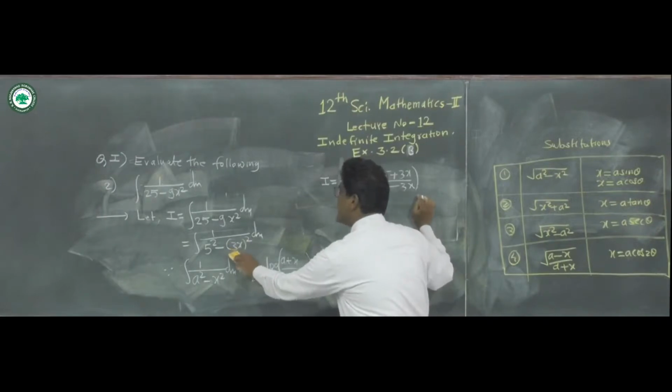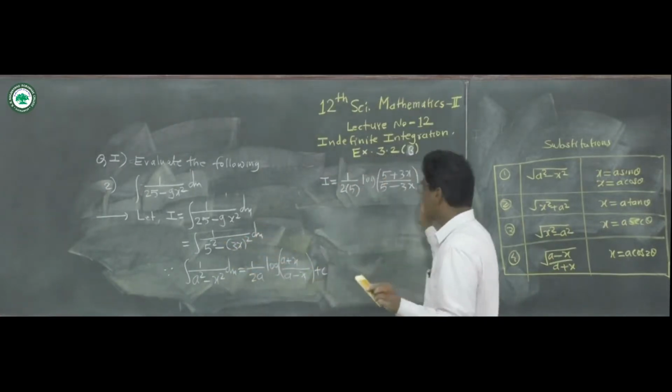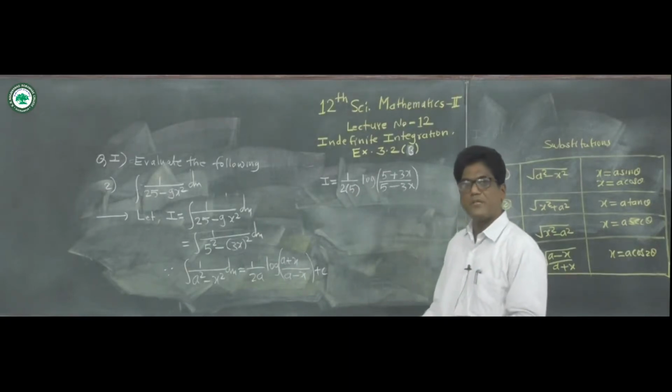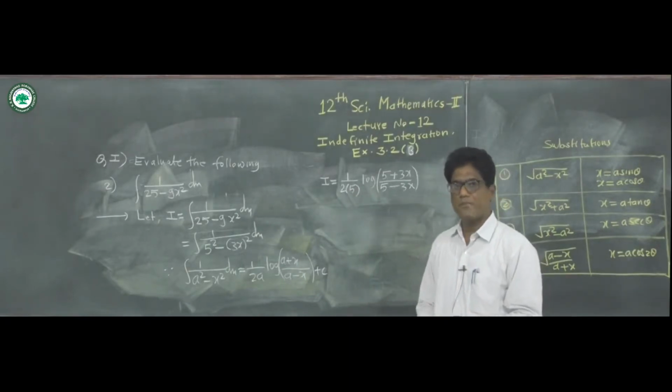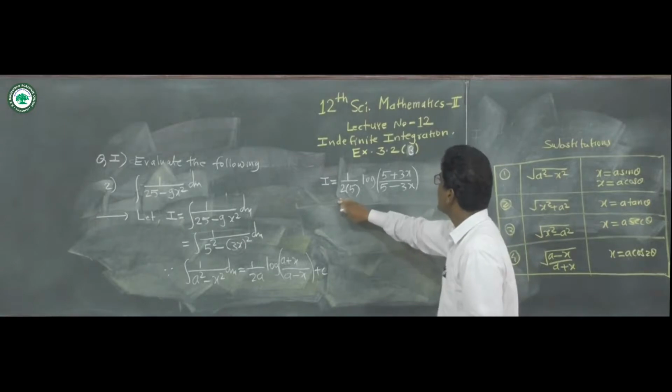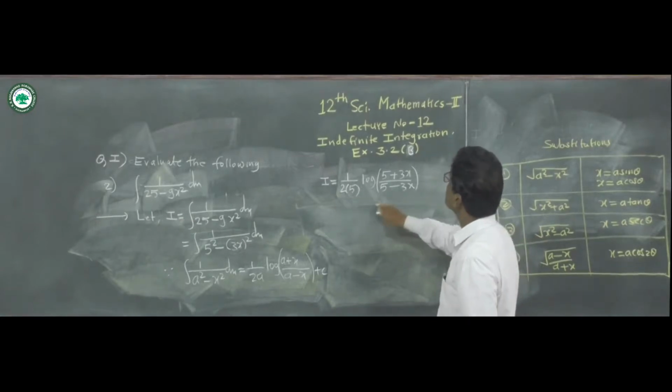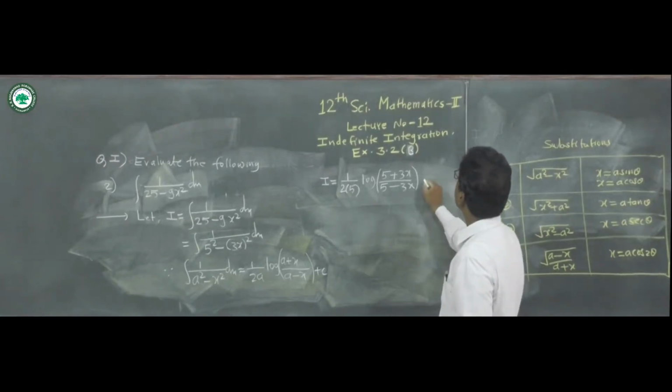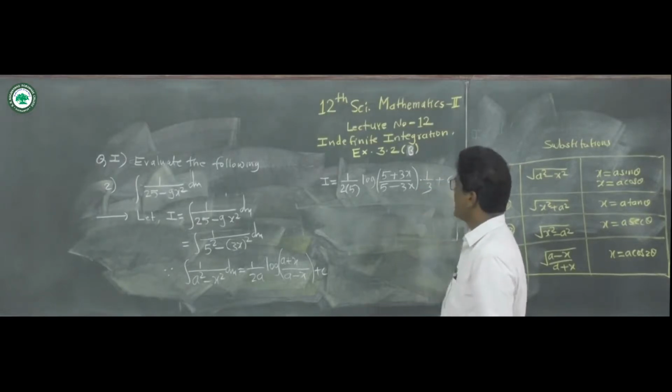But here in place of x there is 3x. We use the standard formula using x, but in place of x in the given problem there is 3x. So take the derivative of 3x. Derivative of 3x is 3 into derivative of x, 1, so 3. So divide this solution by 3. So here dividing by 3, I write 1 upon 3 plus constant of integration.